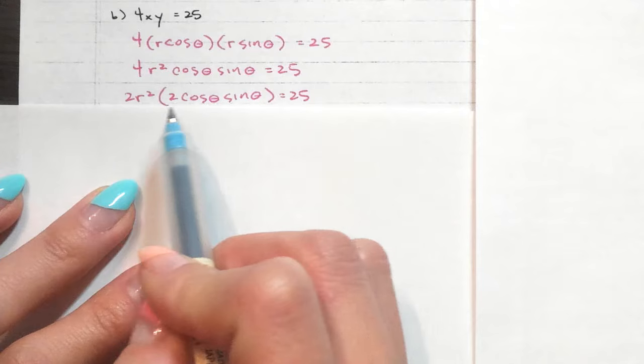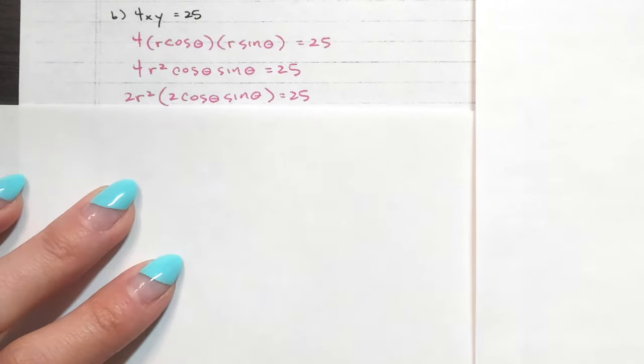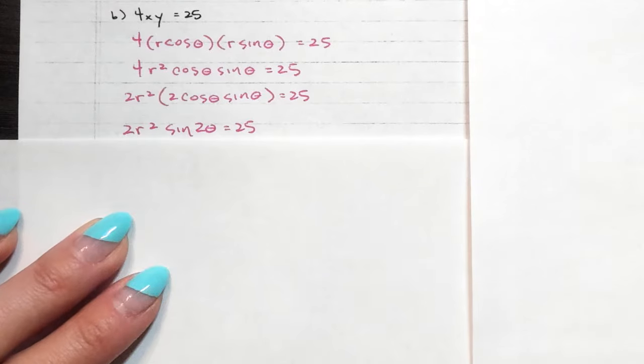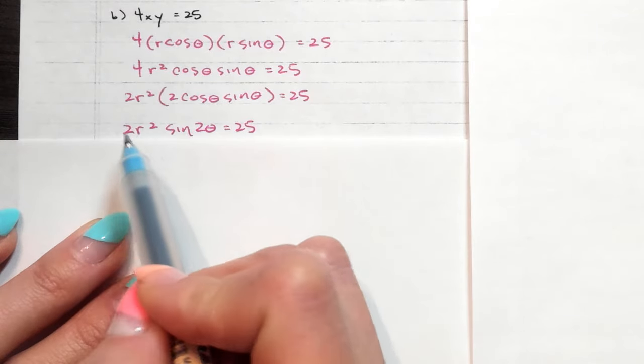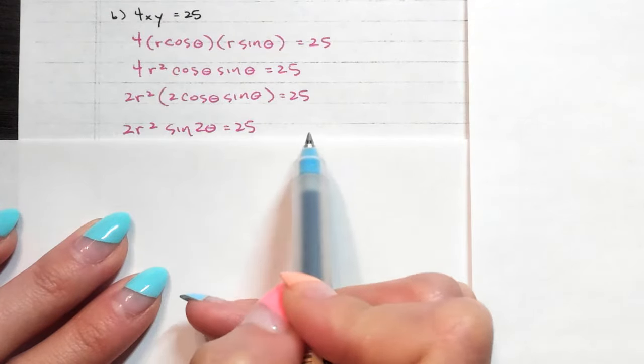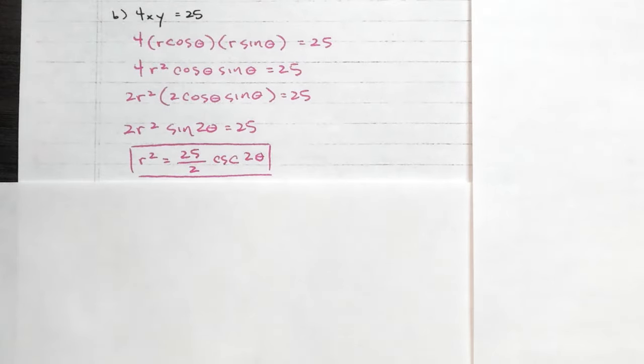This should look very familiar even though it's been a long time. This is the double angle formula for sine. Now you can solve for r squared. You can divide by 2 and divide by sine. What's 1 over sine? Cosecant. So this would be one of the answer choices you would find in any sort of multiple choice.